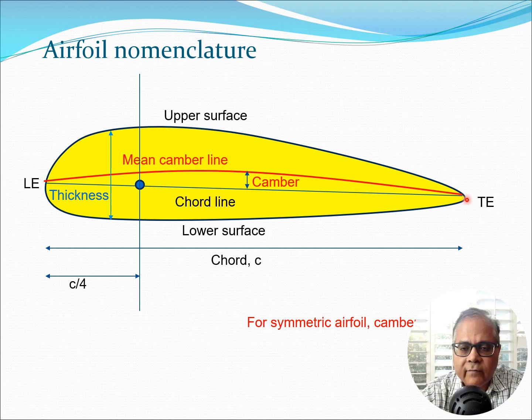And relative to the chord line, there is another line called the mean camber line. And that is the line which is equidistant from the top and bottom surfaces of the airfoil. So we can see this is a center line of the airfoil cross section here, and this distance is known as the camber.